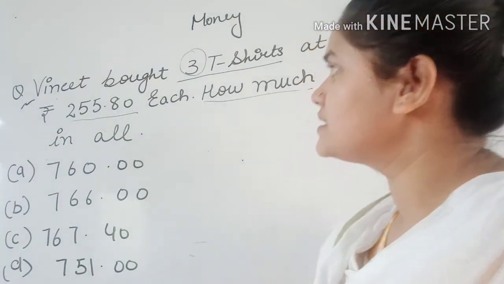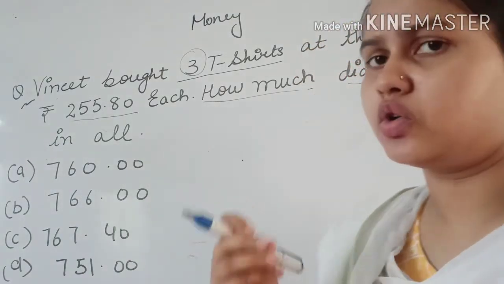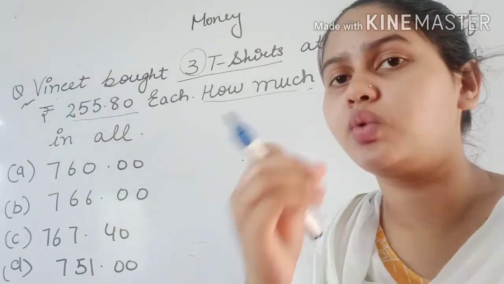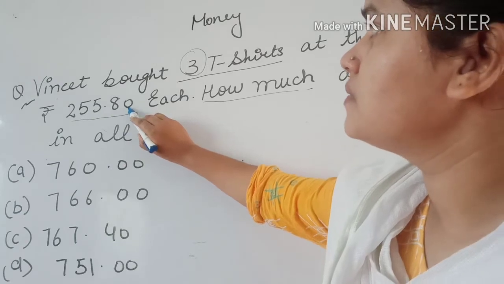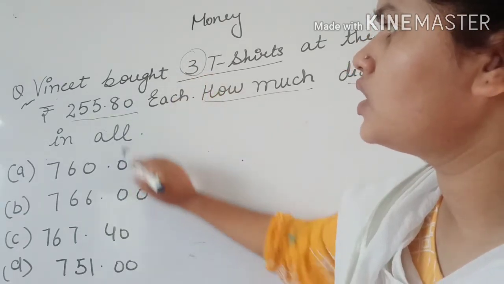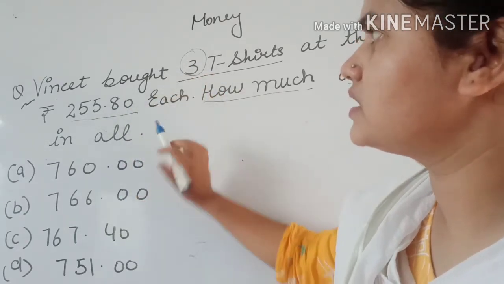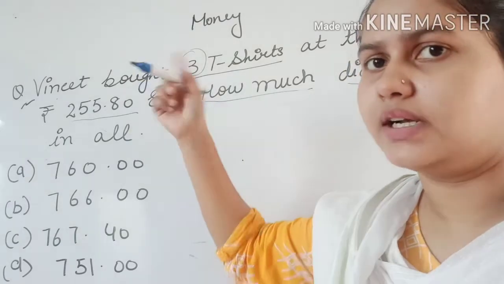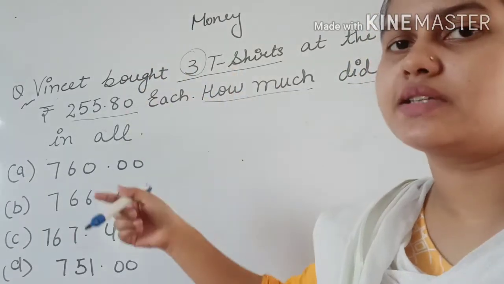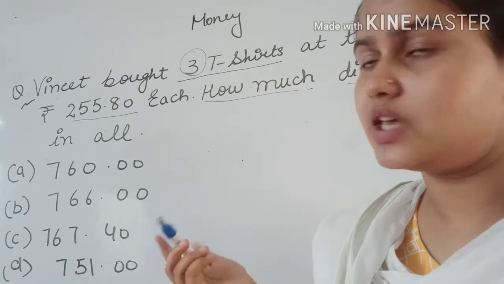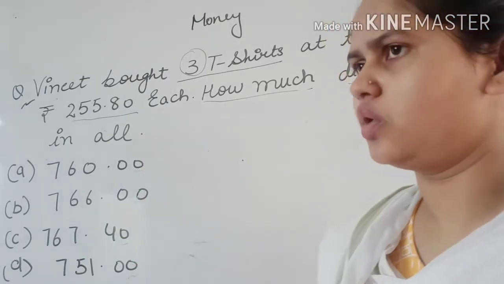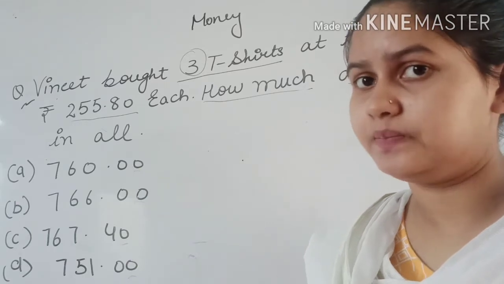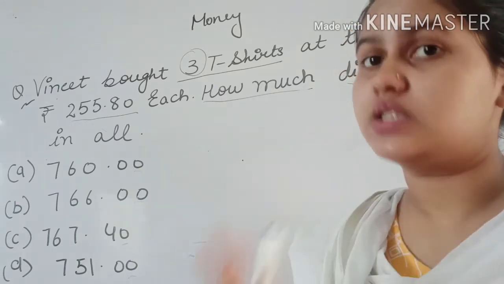So students, if you want to do a quick method, you can see when we take 0, which means 3 times 0, 0 will be 0, right? When we multiply 0 with any digit, the answer will be 0. So you can see every option has 0, so we don't know which answer is correct. So let's do it with the second digit.